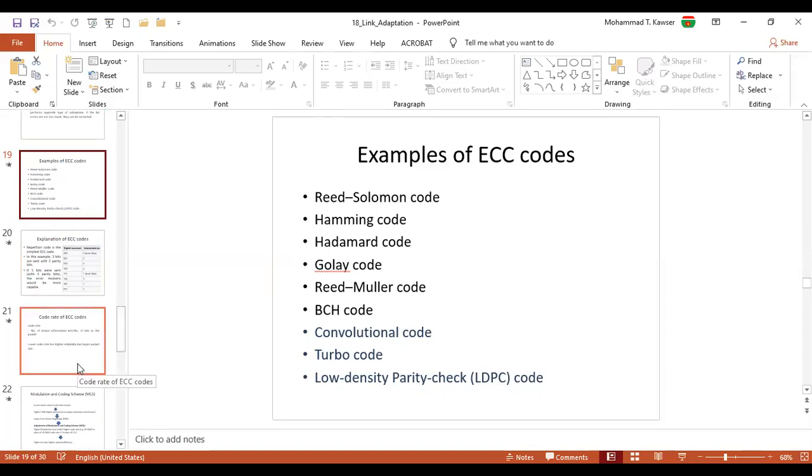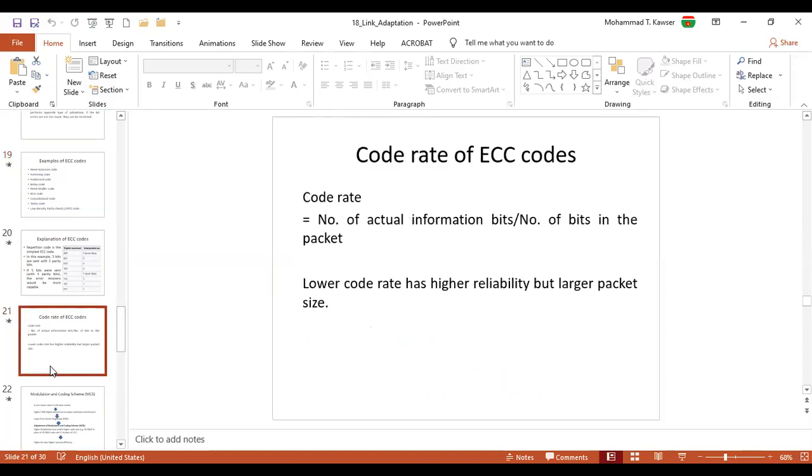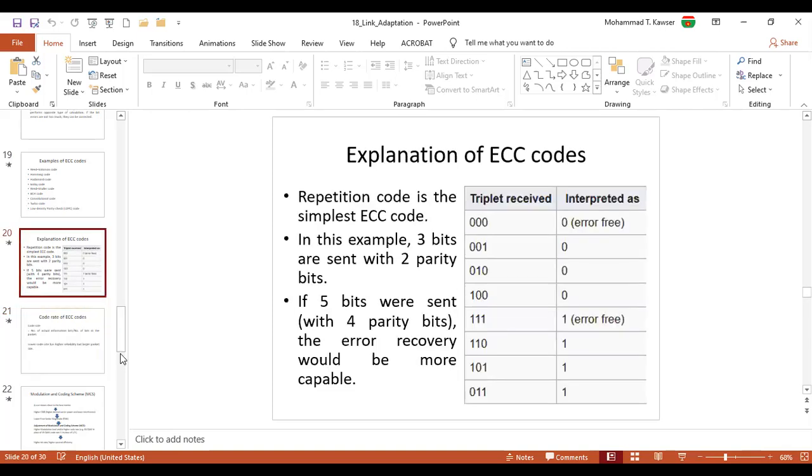Anyway, for a particular coding technique, the code rate tells you how reliable it is. If it is a poorer radio link, then you need a lower code rate, because more bits can go in error on the way. More bits can be flipped.